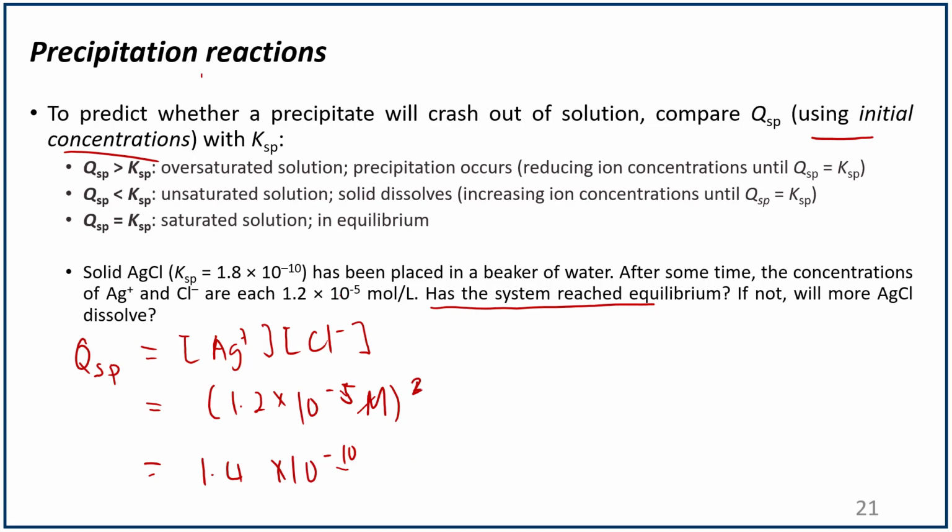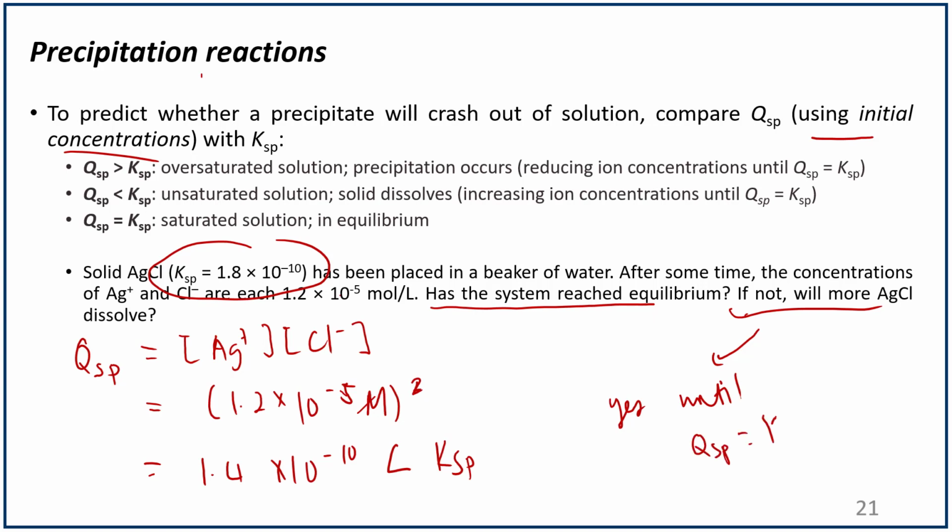As you can see, this value of Qsp is much less than Ksp. So the answer to the next question, will more silver chloride dissolve, is yes. And that will happen until Qsp is equal to Ksp.